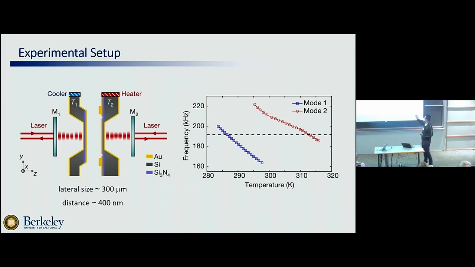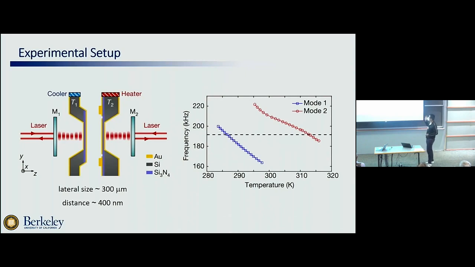And to place the two membranes very close to each other, we made one of the membranes a mesa structure, and the other one has 4 electrode pads which are used to align them parallel to each other. And there is a cooler and heater and also a temperature sensor. That temperature sensor is to measure the bath temperature, or the body temperature of the membrane. And the mode temperature or the mechanical displacement is measured by the laser interferometry here.